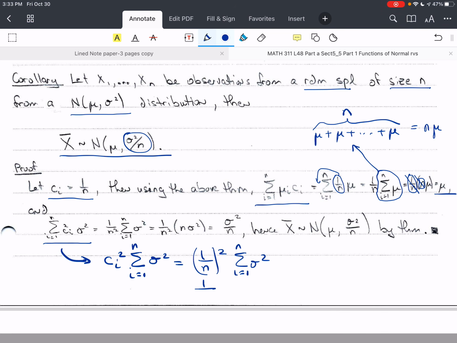This is 1 over n squared, and this is n times sigma squared, and so this cancels with that, and that leaves me sigma squared over n. And so that's what we have here, and so x bar has a normal distribution with mean mu and variance sigma squared over n by the above theorem.